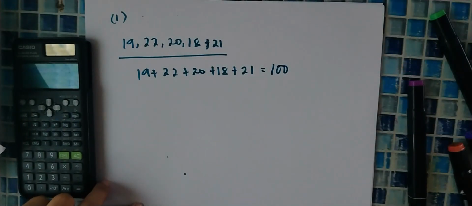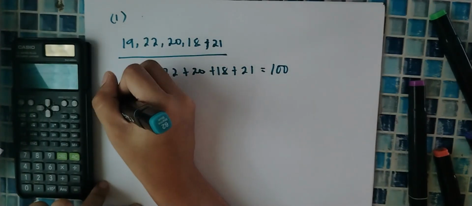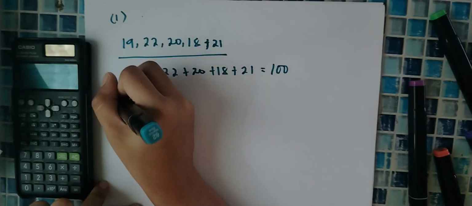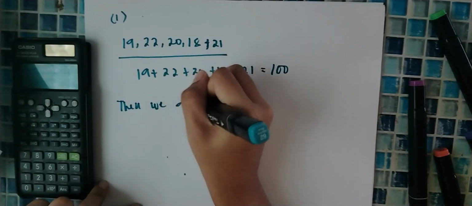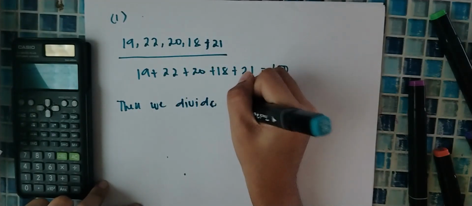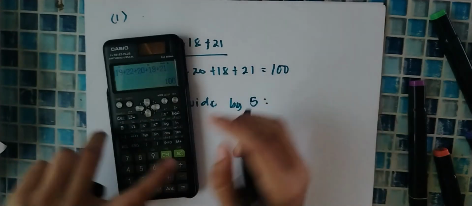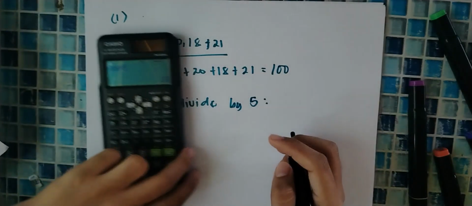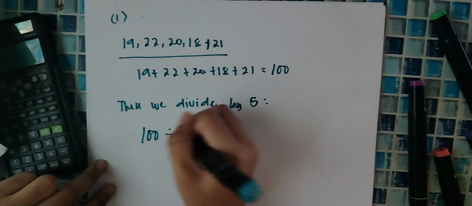Then we divide it by 5 because our sample size is 5. So we just divide the 100 by 5, which equals 20.